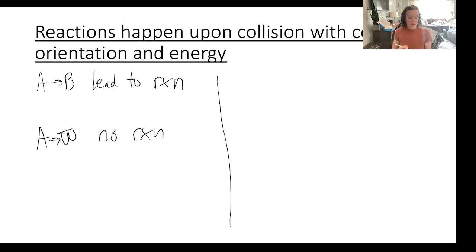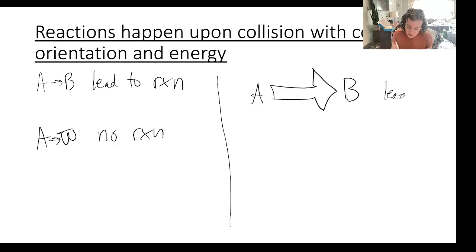The same thing is true for the amount of energy. If A bumps into B with sufficient energy, this will lead to a reaction. However, if A just has a tiny bit of energy when it bumps into B, it's likely not going to lead to a reaction.